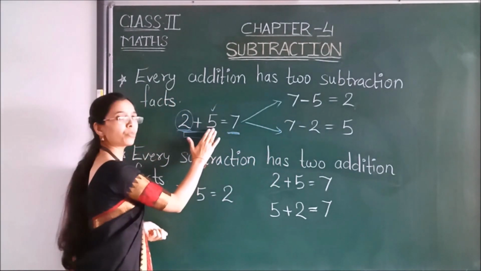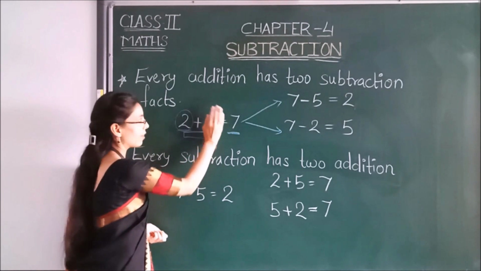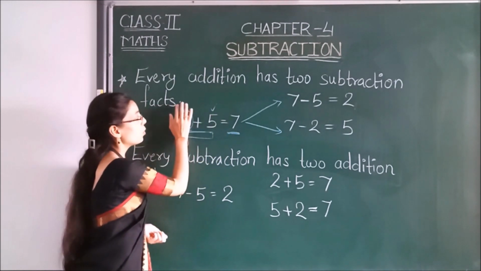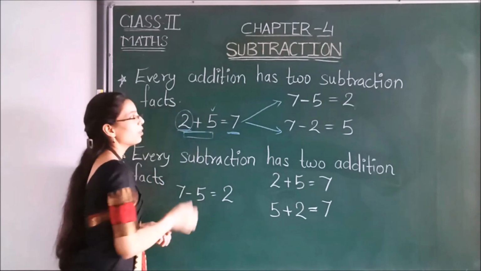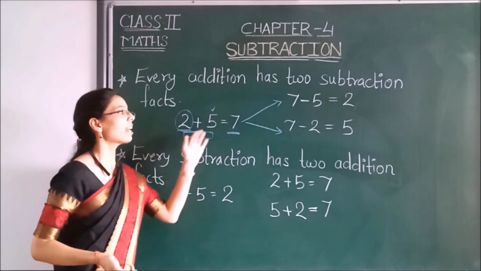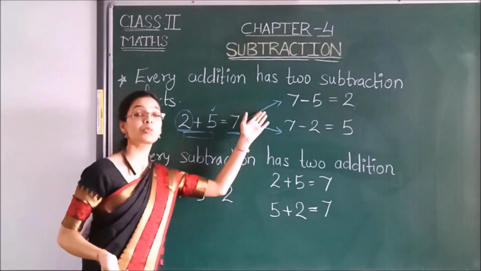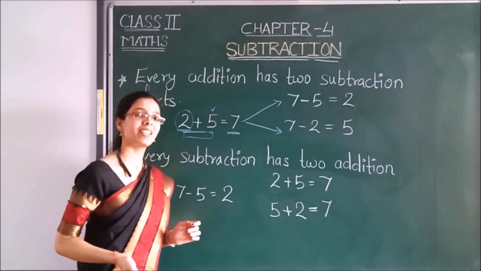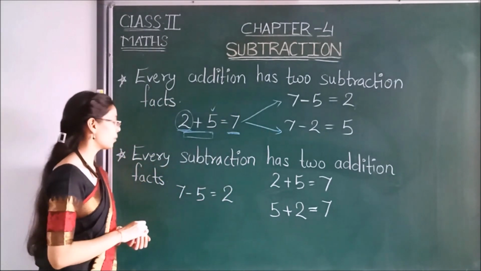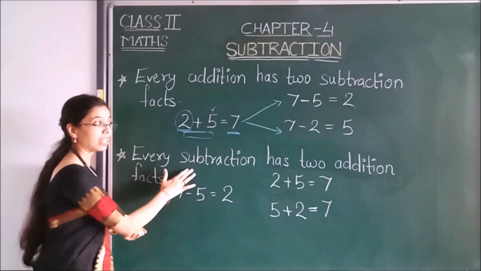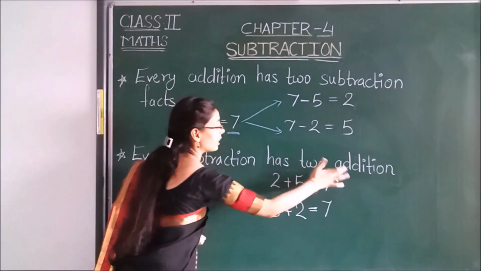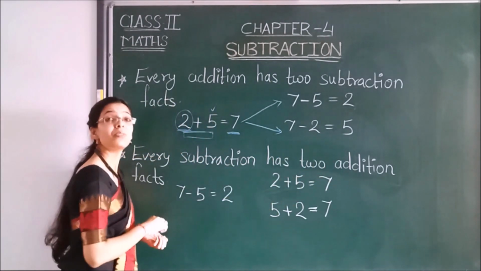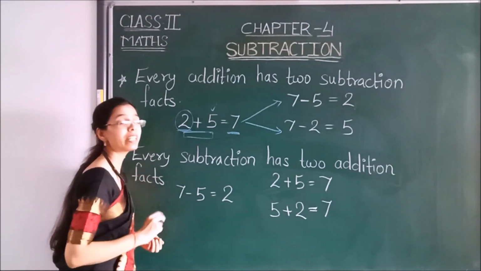When we subtract this 5, we get 2. And when we subtract 2, we get 5. So this is an addition fact, and this addition has 2 subtraction facts. Understood? Now, every subtraction has 2 addition facts.